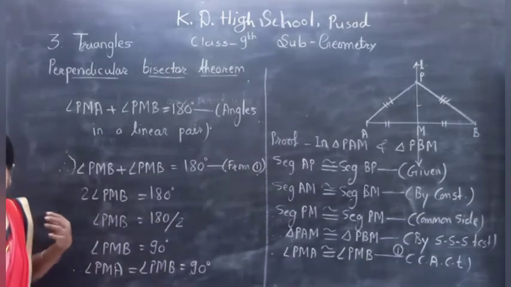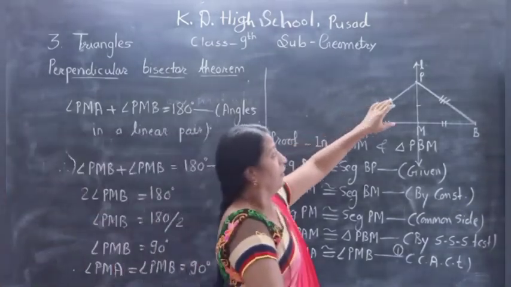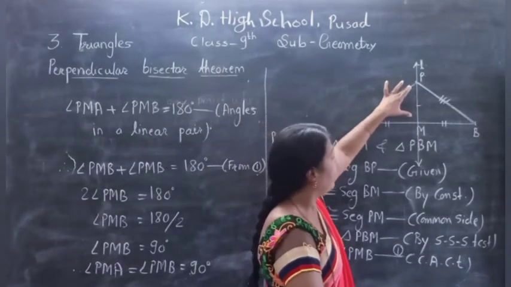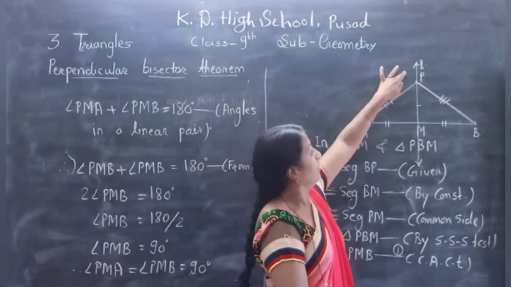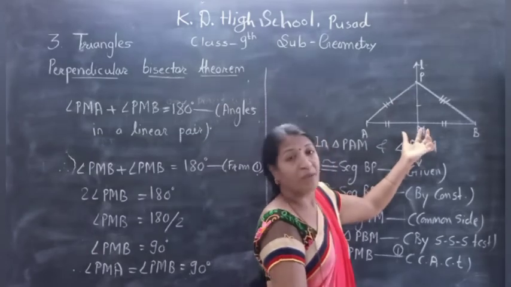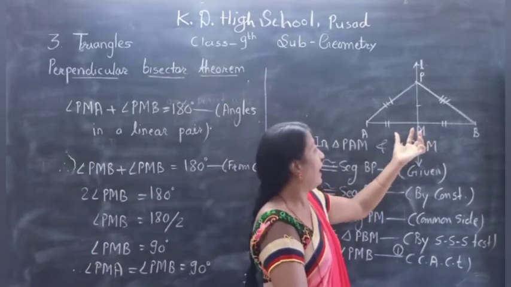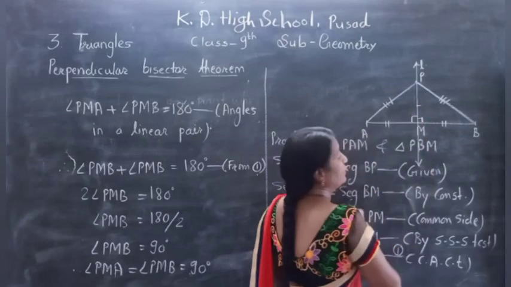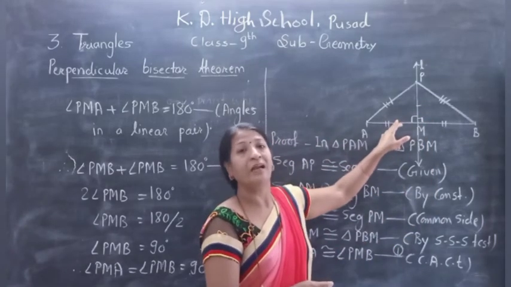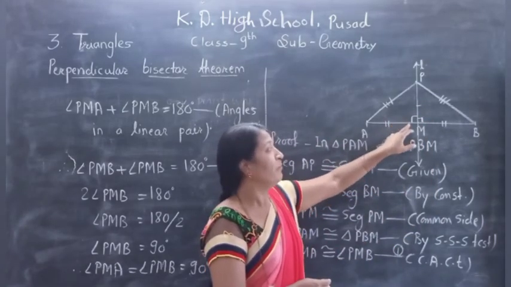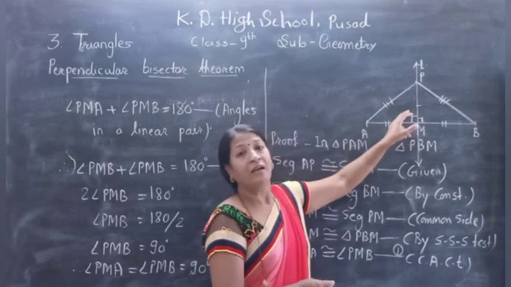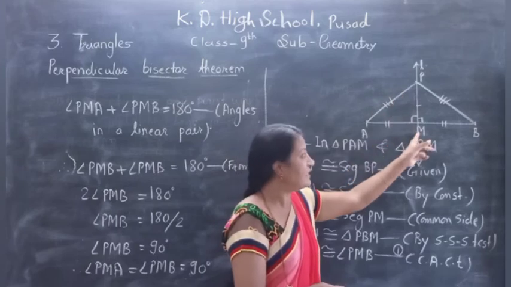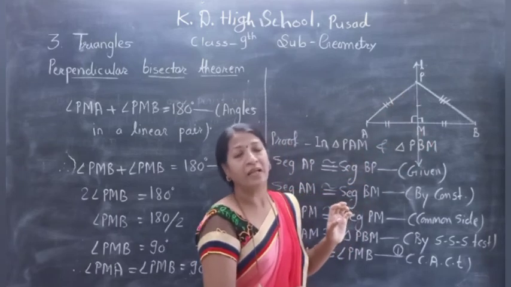And if the segment, or we can say the line, is passing through the midpoint of a segment and making an angle of 90. What did we prove now? The angle formed here is an angle of 90. So making an angle of 90 means that the line is the perpendicular bisector of segment AB.